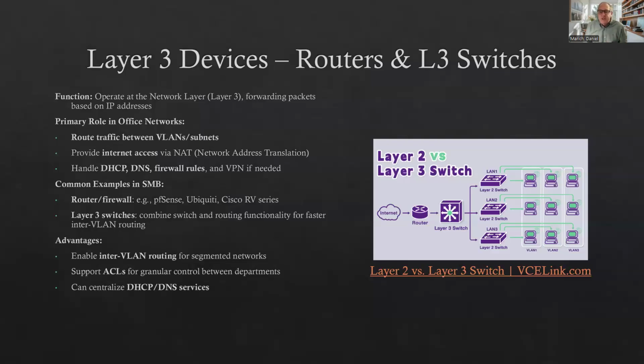Layer 3 switches combine switching and routing to enable faster inter-VLAN routing within the local network. The key advantages of layer 3 devices are enabling inter-VLAN routing for segmented networks, supporting access control lists, ACLs, to control traffic between departments or zones, and centralized network services like DHCP or DNS for easier management. Obviously, layer 3 devices are the backbone of a routed network.